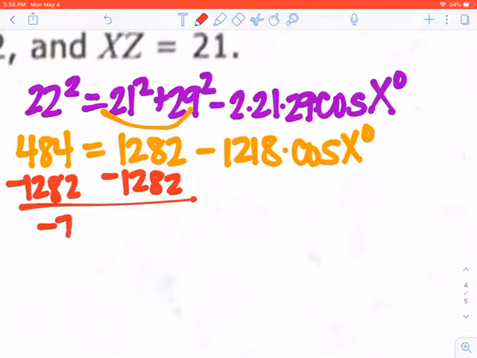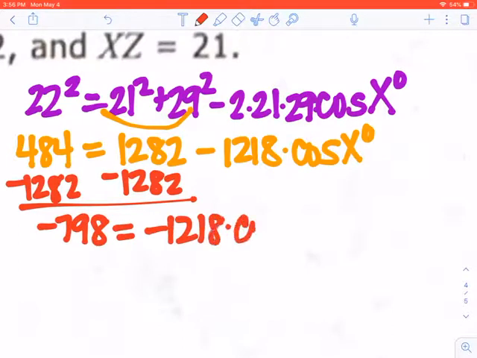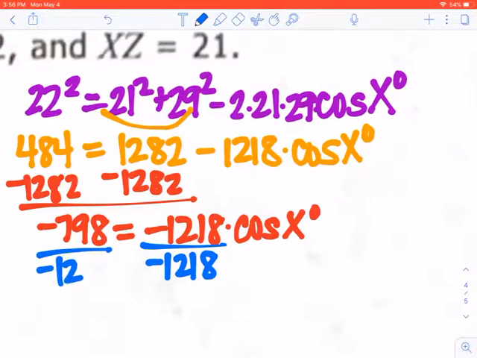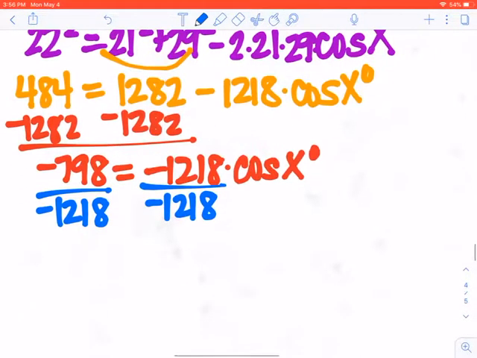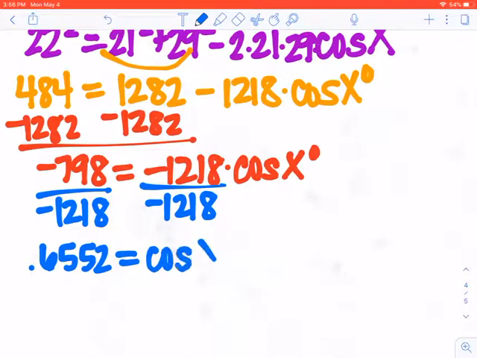And I get negative 798 is equal to negative 1218 cosine of x. Divide by that negative 1218. So negative 798 divided by negative 1218 is 0.6552. That's equal to the cosine of x.